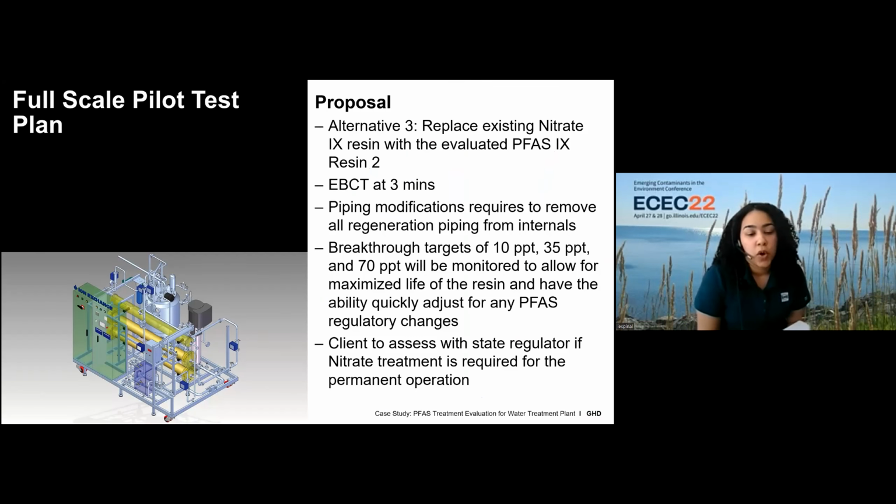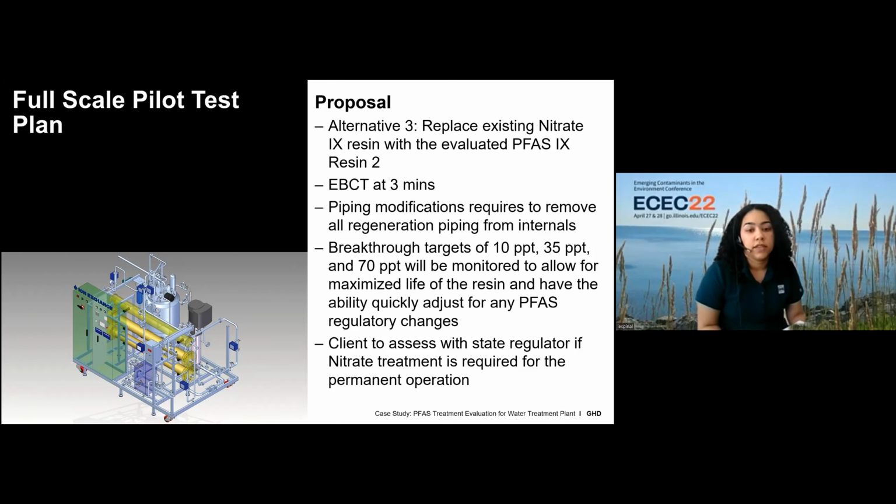So overall, for the full-scale pilot test plan, we proposed to the client that they proceed with alternative 3, which was replacing the nitrate IX resin with the evaluated PFAS resin 2, which had an empty bed contact time of 3. And since that existing vessel had connections with regeneration, we requested them to disconnect that.